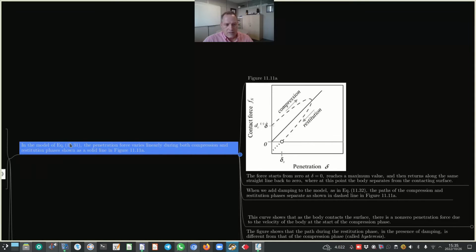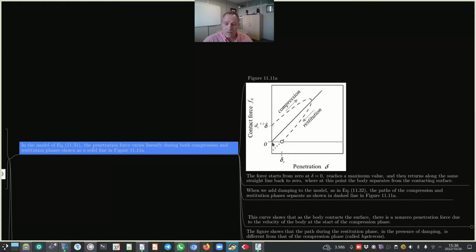First of all, we noted that for equation 11.31, where we only have stiffness, no damping, only stiffness, the penetration force varies linearly. Okay, and that's indicated by this solid line. The force is indicated on the vertical axis, and the penetration on the horizontal axis.